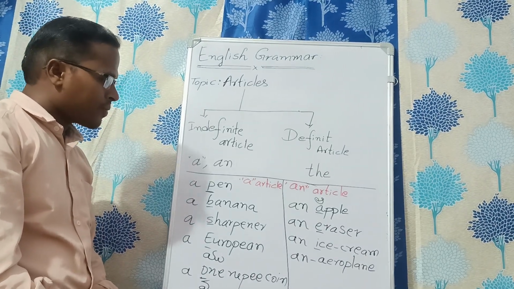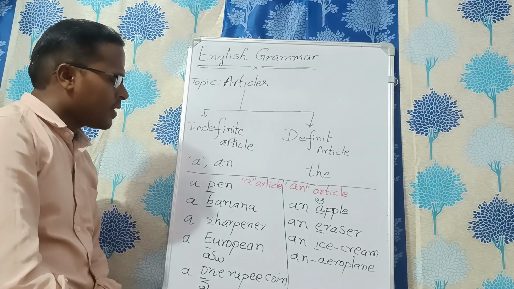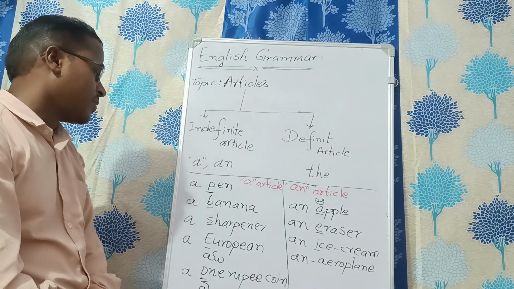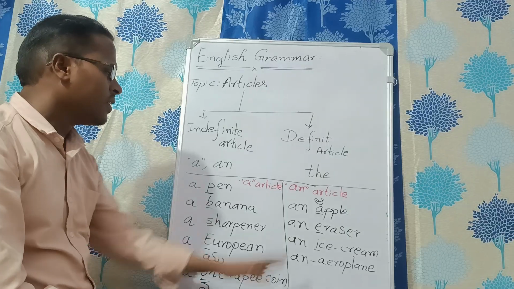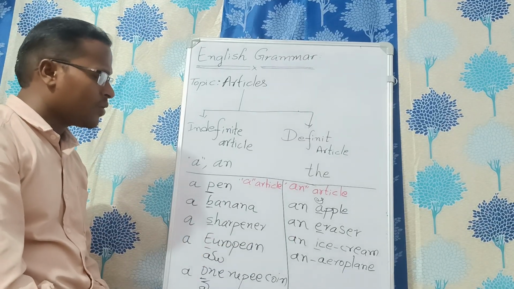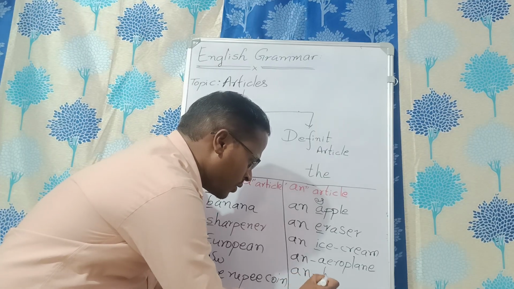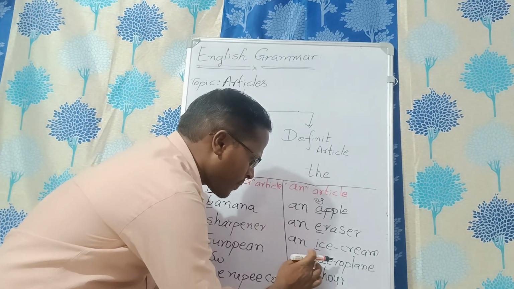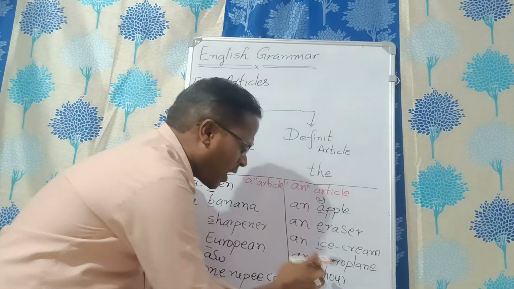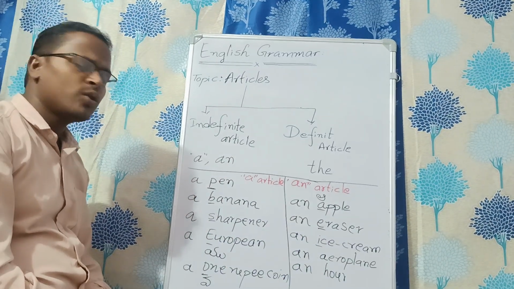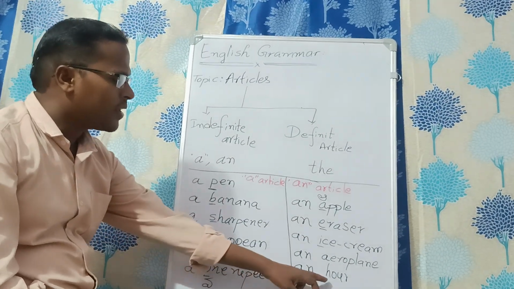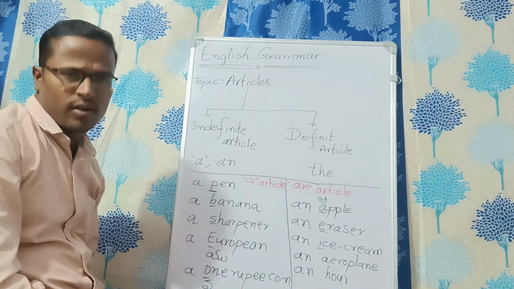These are the major differences between the article "a" and the article "an". Let us go with another example. Though it is a consonant letter, we have to use "an" when we say an hour.